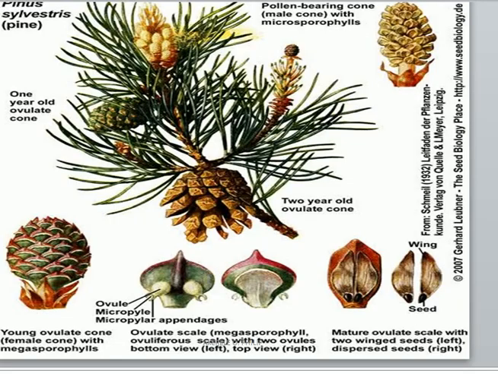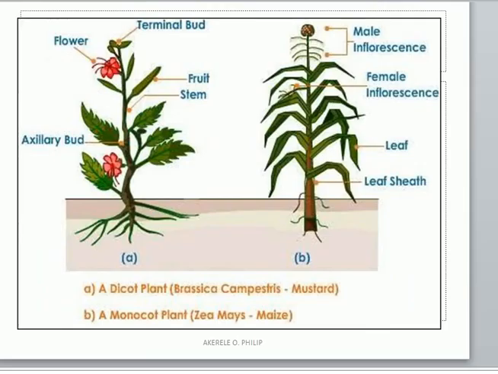Angiosperms have their own structures. Their seeds are borne in a structure called fruits. In angiosperms, their seeds are within a structure called fruits.